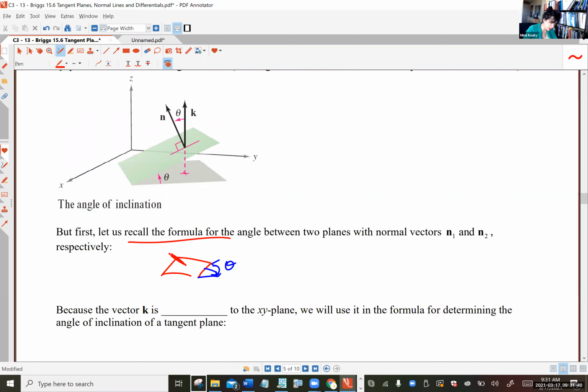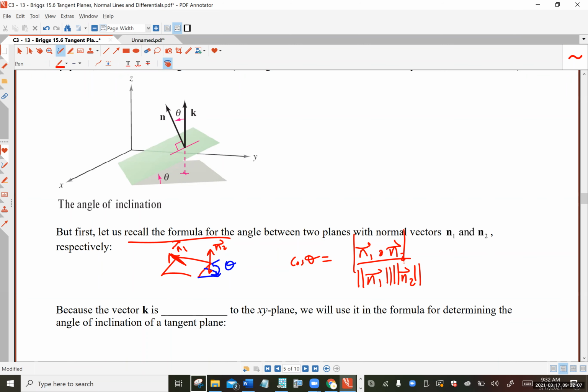So you had n1, and this plane had a normal vector n2, and you used your knowledge of that theorem for the cosine of the angle between them. We wanted to guarantee that the angle was acute, so you put absolute value bars around the numerator to ensure a positive cosine. That way you get an angle between 0 and 90. Okay, fine.